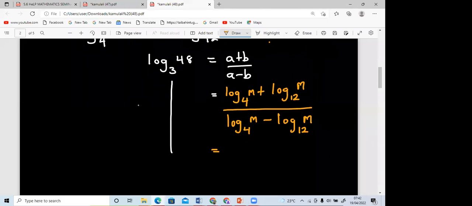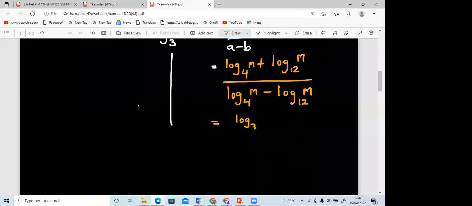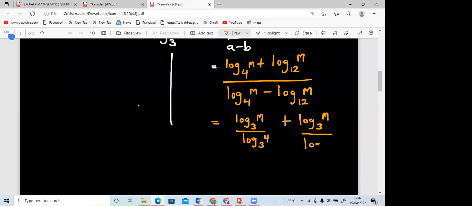That means I changed log 4m to log 3, that will be m3, and divide by log 3 of 4. Log 3 of 4 plus log 3m, then you divide by log 3 of 12.